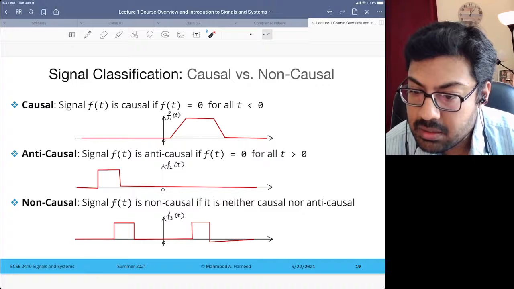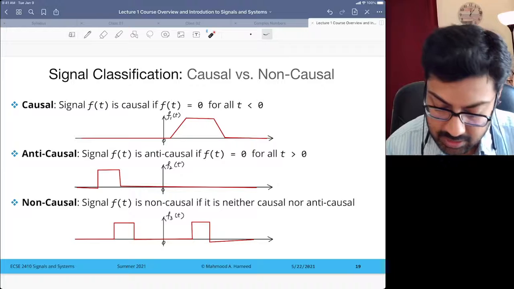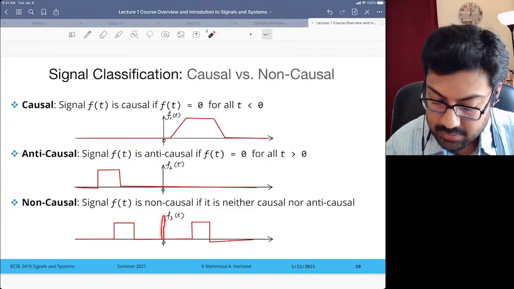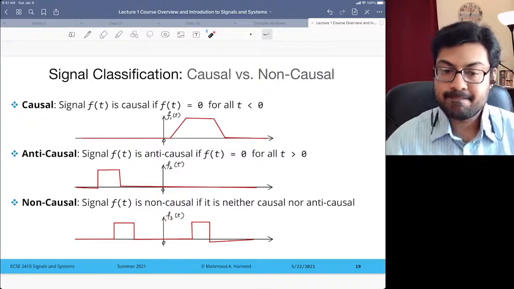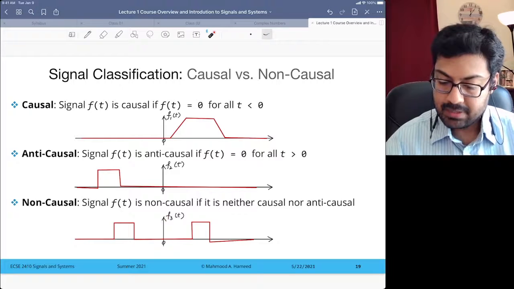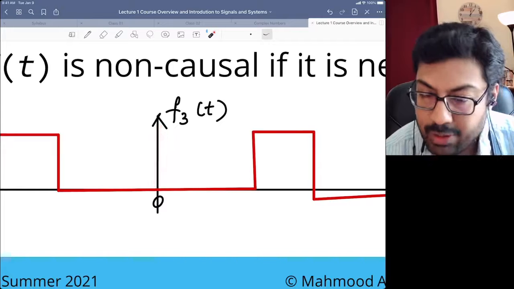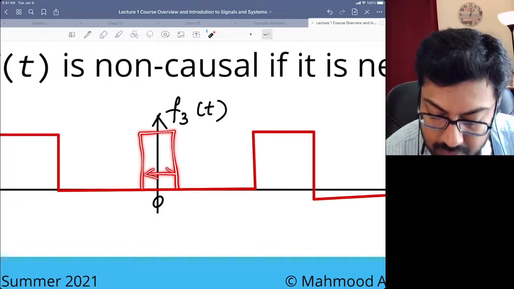Spikes at... you're talking about an impulse, right? An impulse is a non-causal signal. Because an impulse, which is something like this, we are going to evaluate as a rectangle whose width is going down.